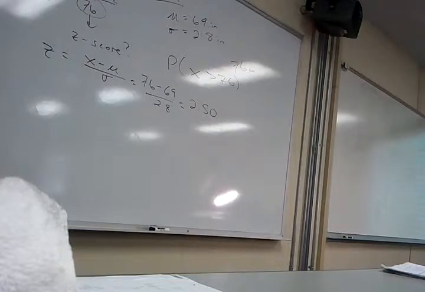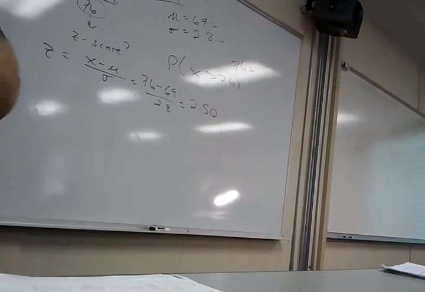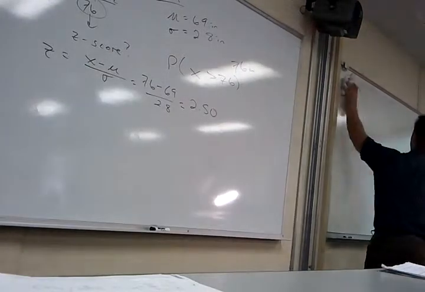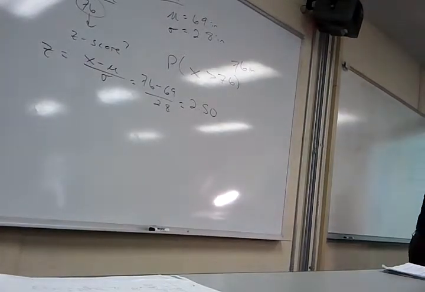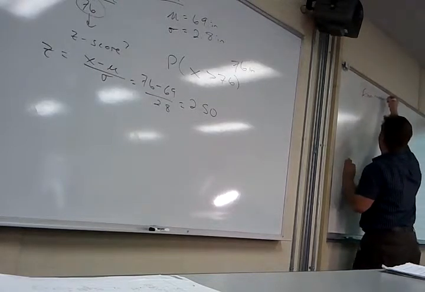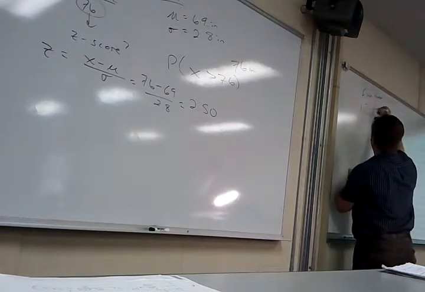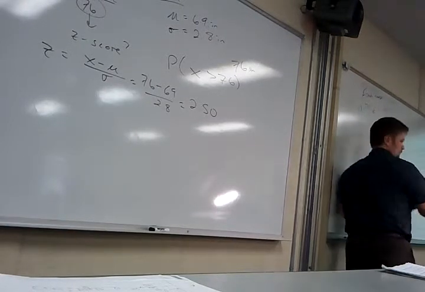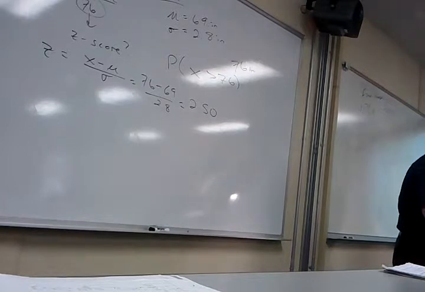Slowly but surely. So let me give you a couple of more direct questions about how to use this chart. Figure out these probabilities just by looking at the chart. So like the probability that z is less than negative 1.41. So there's a whole negative side, right?